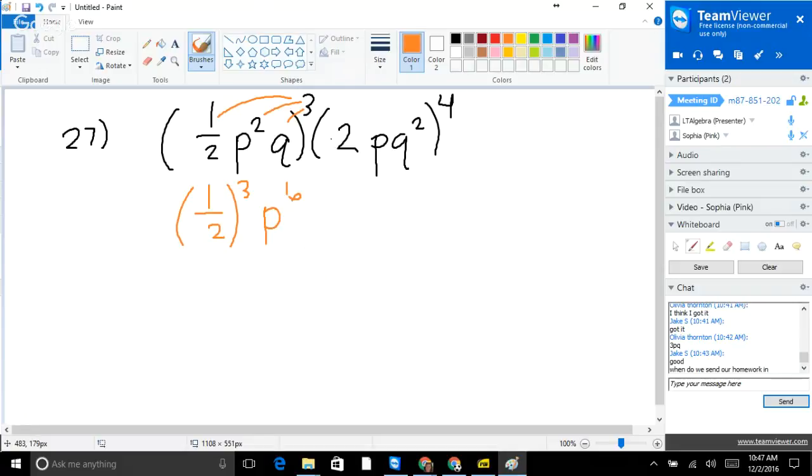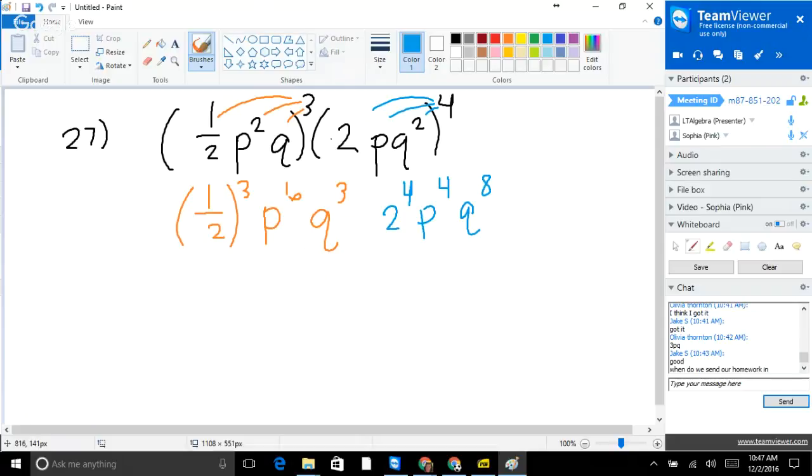Because we're going to multiply 2 times 3. And we've got q to the 3rd. And then we have to do the same thing with this one. We distribute our 4. So it's going to be 2 to the 4th, p to the 4th, and q to the what? 2 times 4 is?